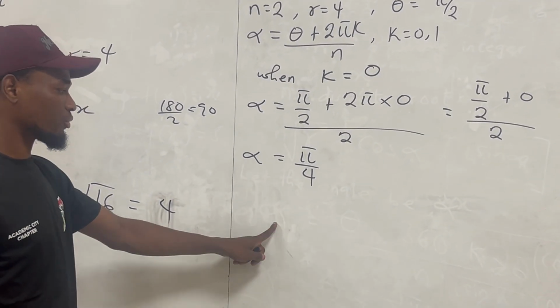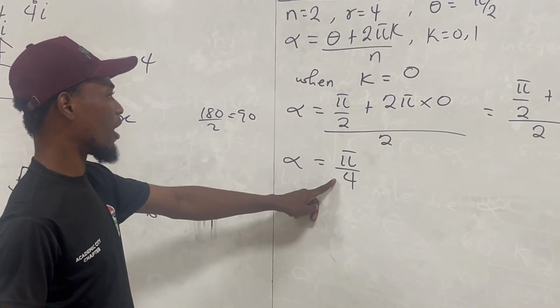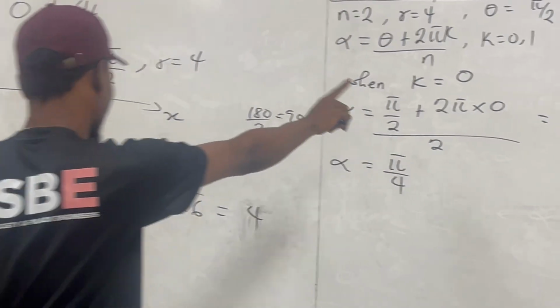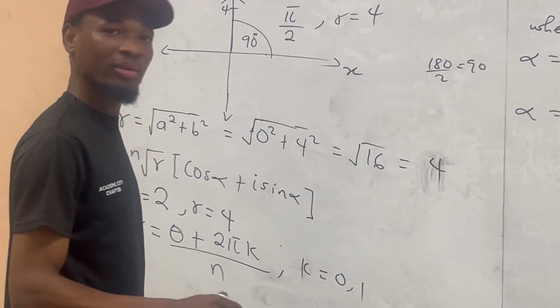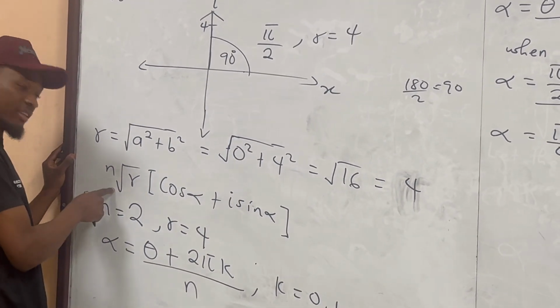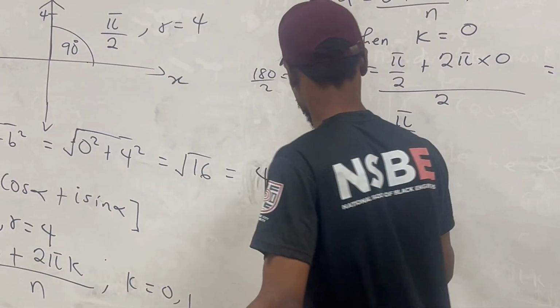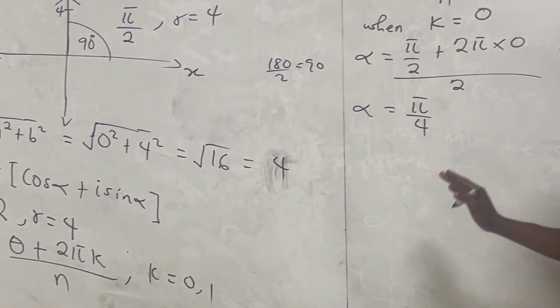As simple as that. So this is the angle alpha when k is 0. Therefore, I can substitute alpha here using this formula. So I know that now, okay, let's do this.